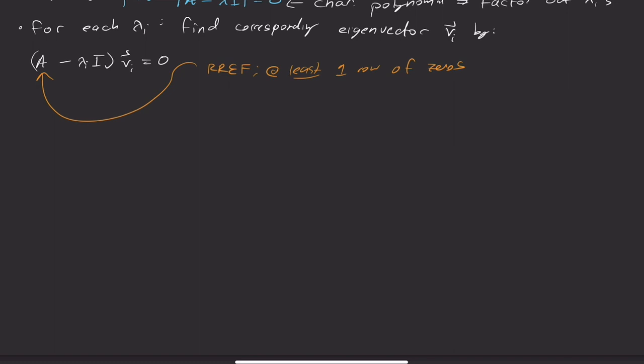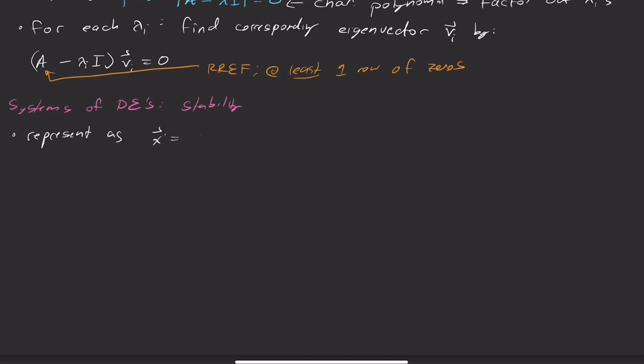So, systems of differential equations and their stability. We can represent a system of differential equations as a matrix equation: x prime vector is equal to the matrix A times the vector x.